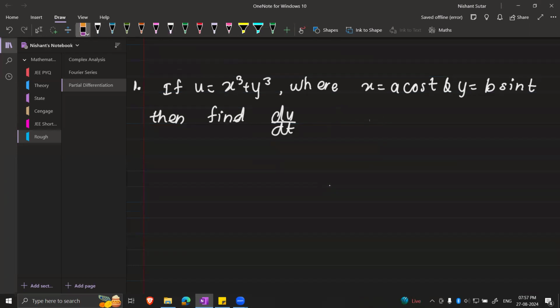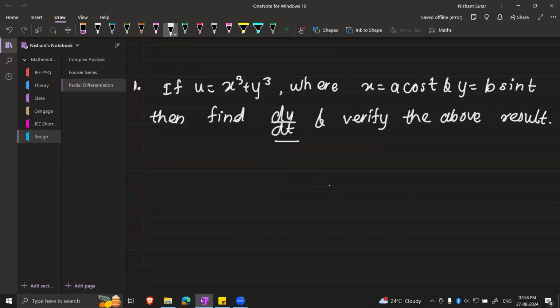Well, we won't verify, we will just find du by dt, or I should say that since it's the first problem, we will verify the above result. So to find du by dt, we know that u is equal to x cube plus y cube, but our x is a cos t, so it is a cube cos cube t plus b cube sin cube t.